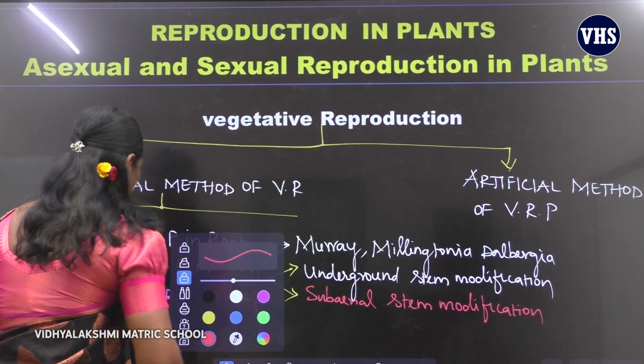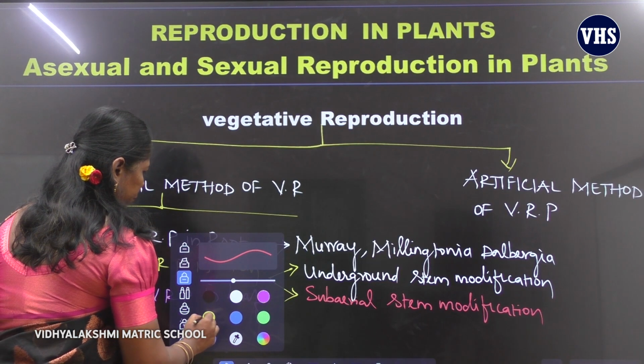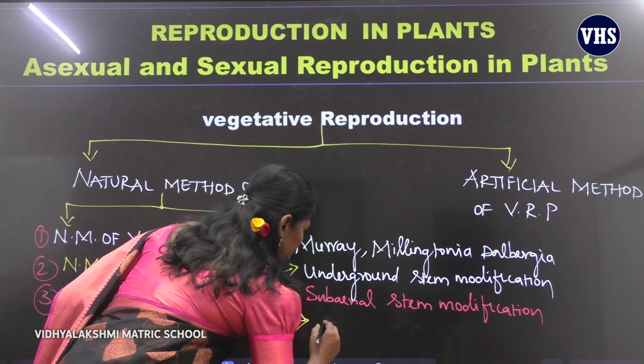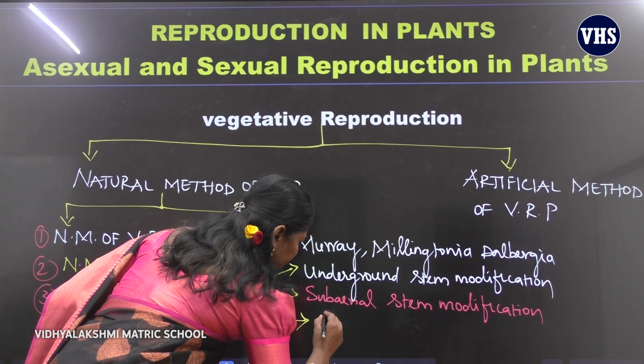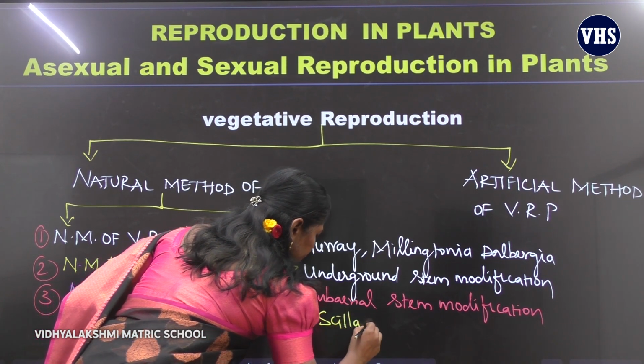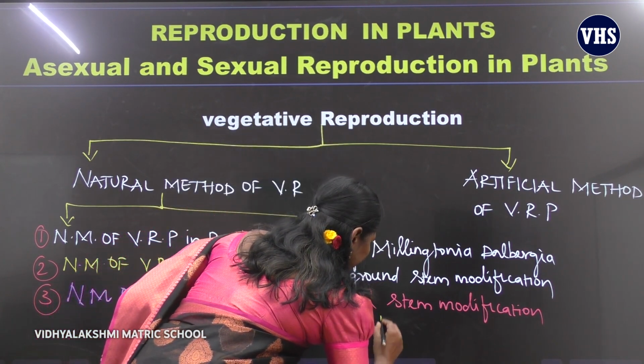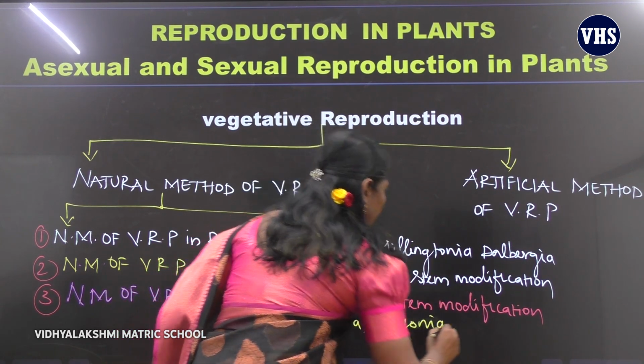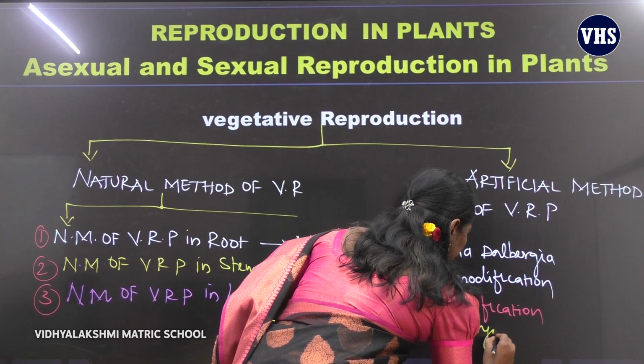And for vegetative reproduction in leaf, we are going to see three examples: Scilla, Begonia, and Bryophyllum.